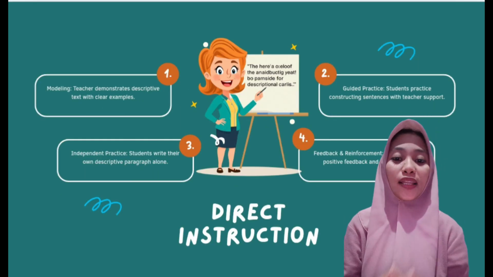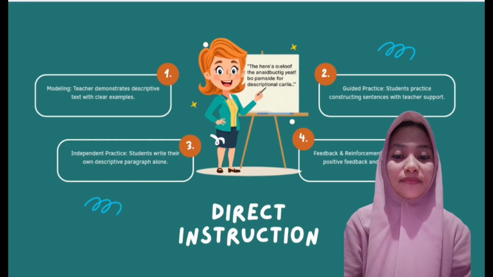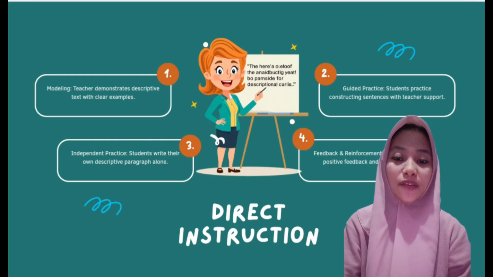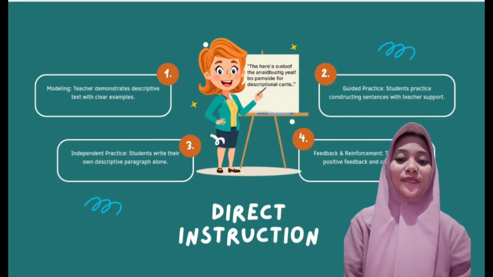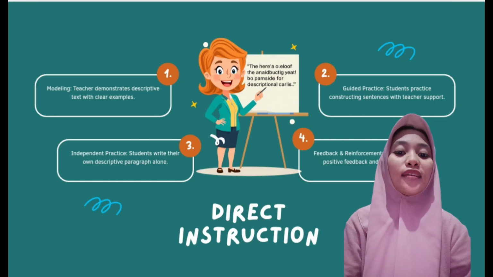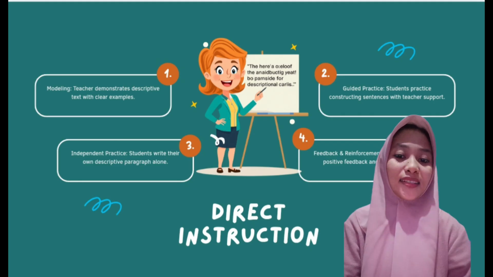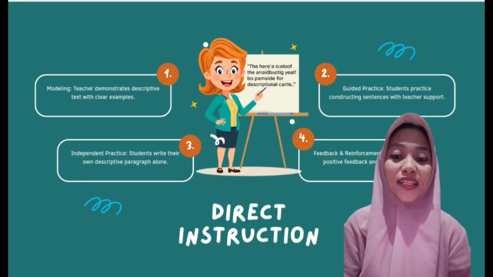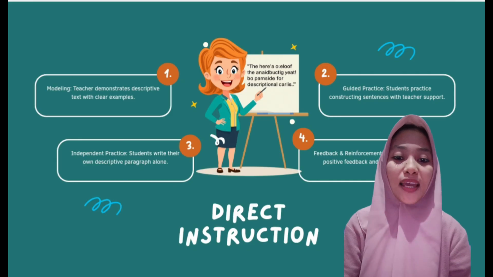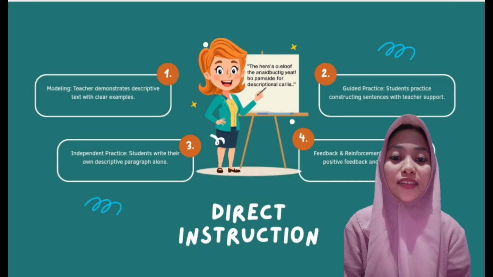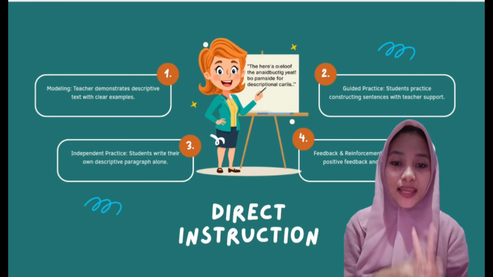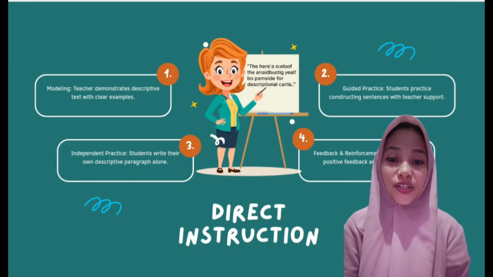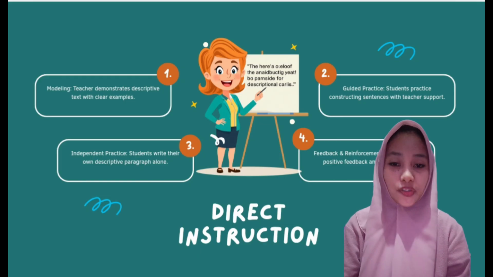Next, I will explain the learning model. The learning model used in this lesson is direct instruction. This model consists of 4 stages. The first stage is modeling, where the teacher demonstrates an example of a descriptive text. The second stage is guided practice, where the teacher and students practice together.